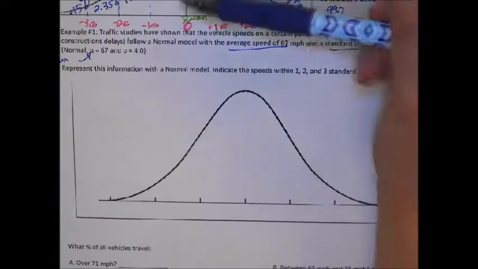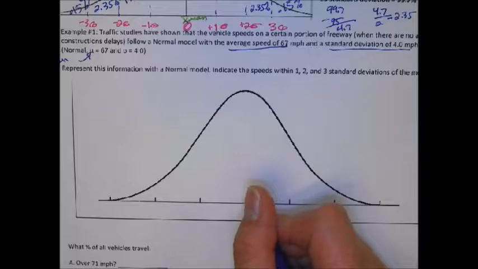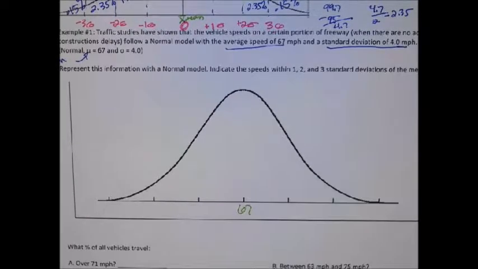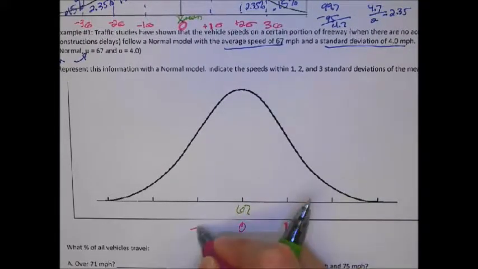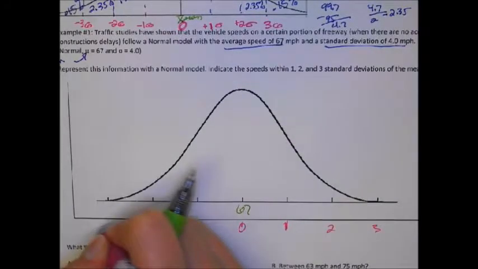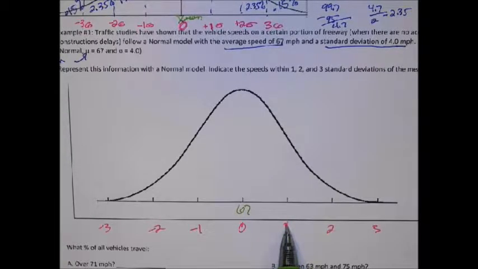So let's look back up at this picture. Where does the mean go? The mean goes in the middle, and that is our 0. So what this means is I'm 1 standard deviation away.